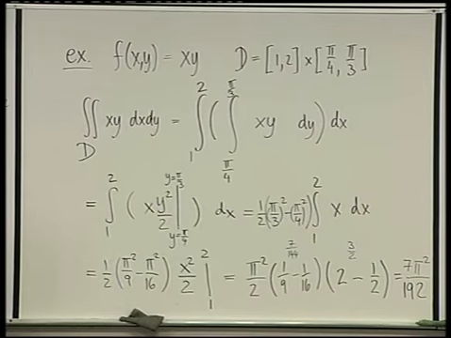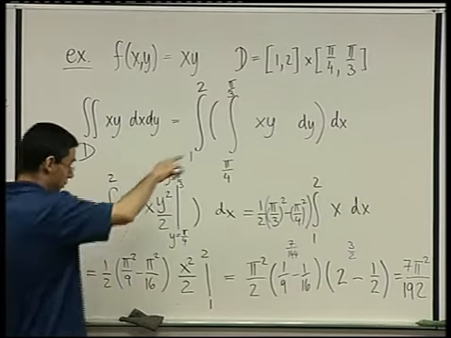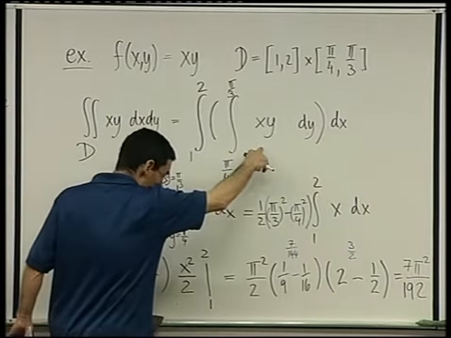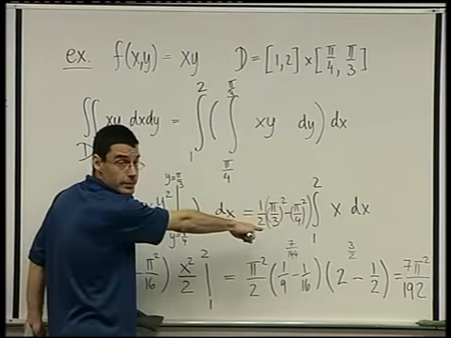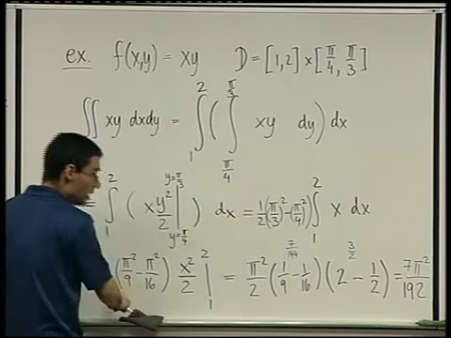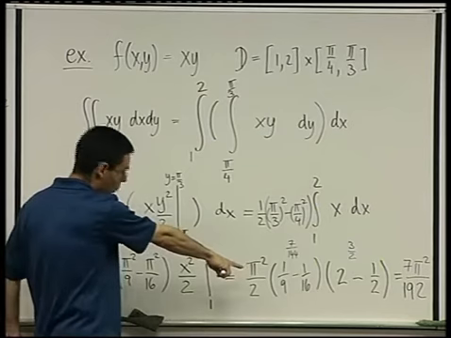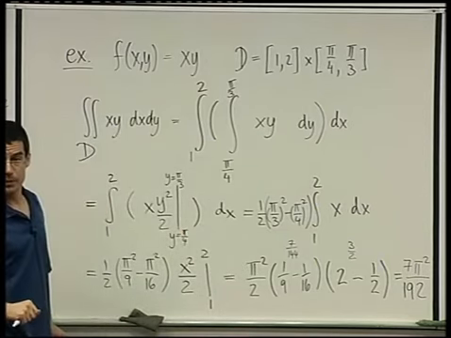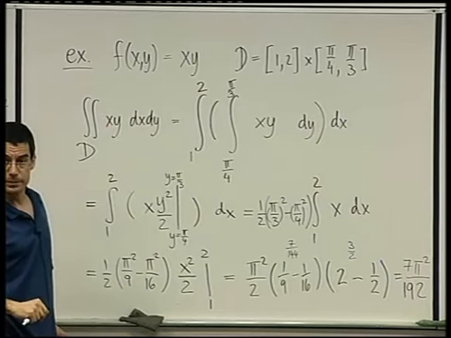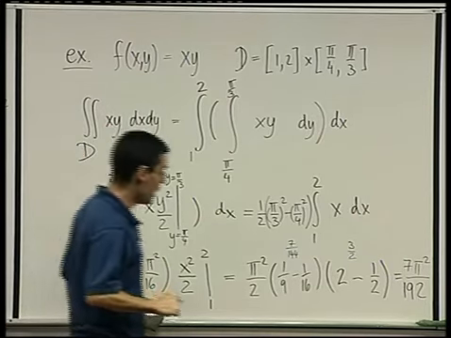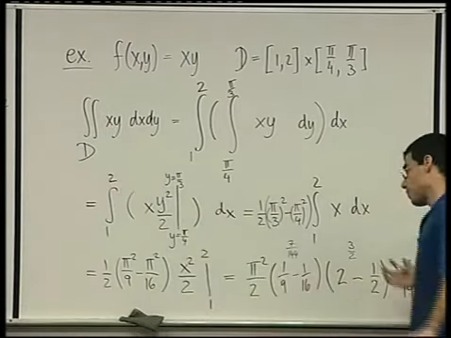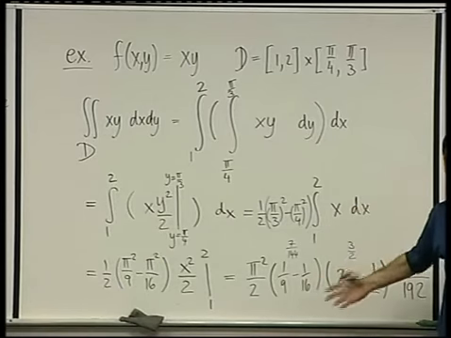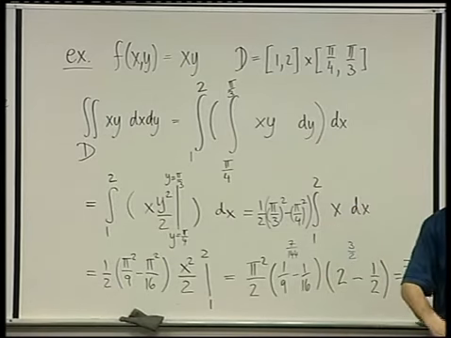What you should notice is the following. 1, after you do the inner integral, there should be no y's. 2, after you do the outer integral, there should be no variables at all. You should get a number. A double integral is a number. Clear? Okay, so that's important. And you should also notice here we didn't do anything sophisticated. We didn't do any substitution or integration by parts or anything.